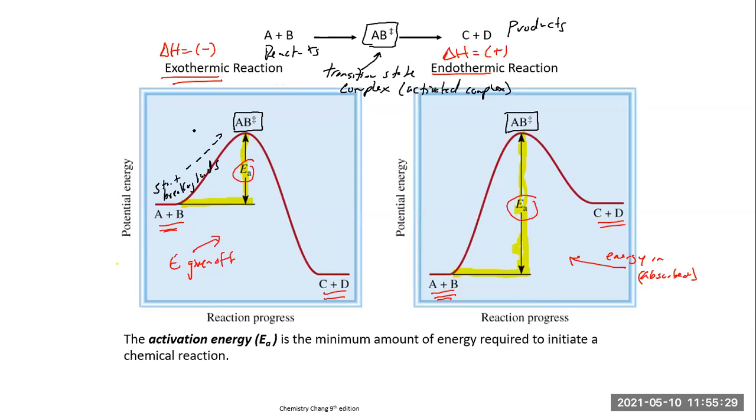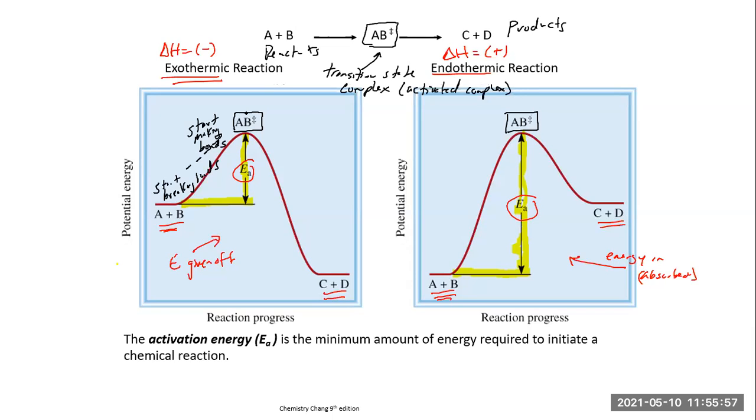At some point, it's also going to need to start making some bonds as we proceed up the hill. So first you've got to break some of those bonds, and obviously you've got to start making some bonds as we roll up this hill till we get to the peak in energy up here. And this is again our transition state, which is the top of the hill, our transition state complex.